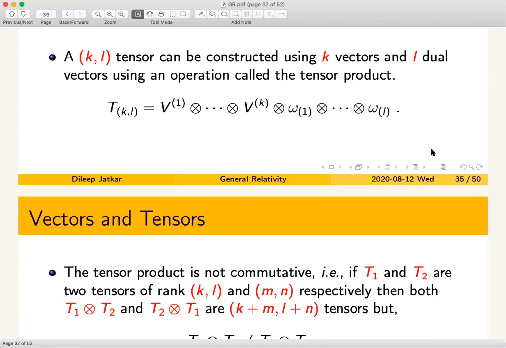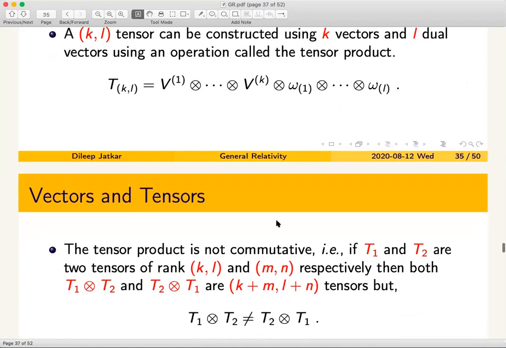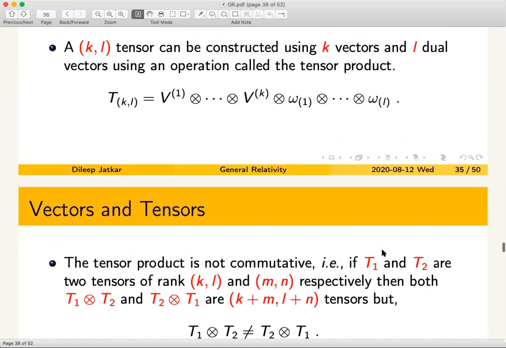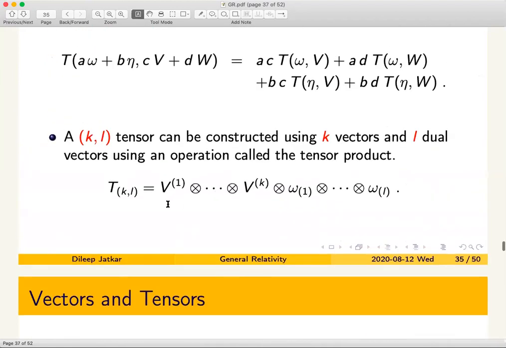Now we'll talk about the tensor product, and this is important because, as I said, the way these vectors and dual vectors occur, that arrangement defines the indices on the tensor T^k_l.